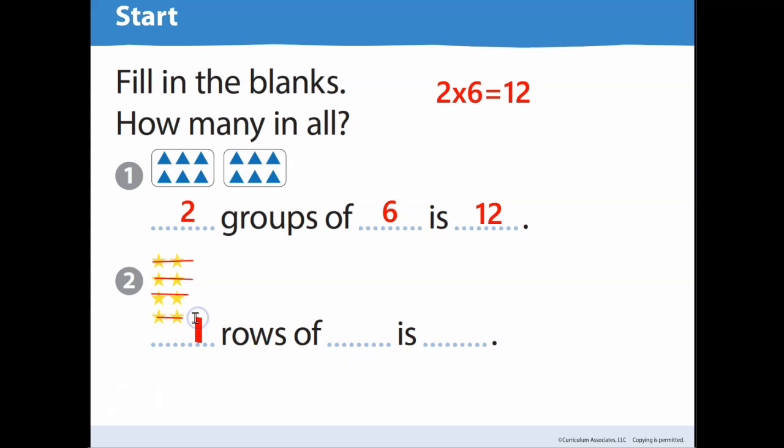And how many in each row? 2. So 4 rows of 2 is how much? 8. Another way to say this is 4 times 2 equals 8.